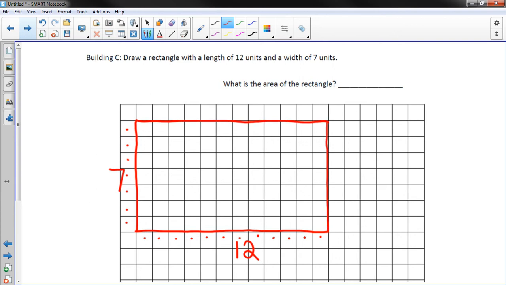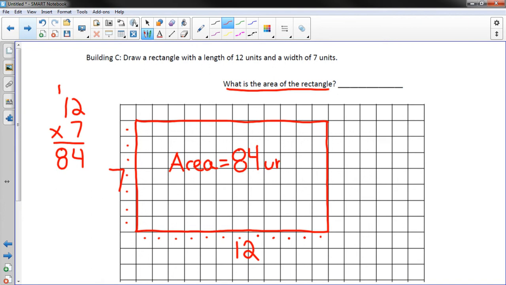Alright. And what is the area of the rectangle? Well, that would be a 12 times 7 problem, wouldn't it? 84. The area is equal to 84 units squared.